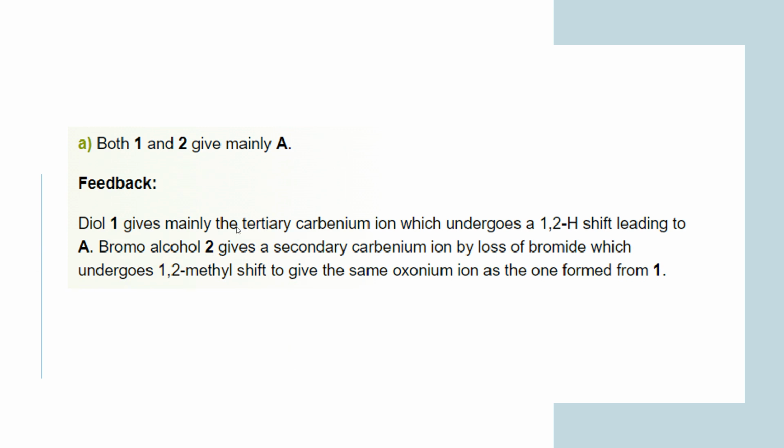Diol 1 gives mainly the tertiary carbonium ion, which undergoes a 1,2 hydride shift leading to A. And in case of reaction 2, the bromide group leaves first, and then it undergoes a 1,2 methyl shift to give you the same oxonium ion as the one formed in reaction 1.